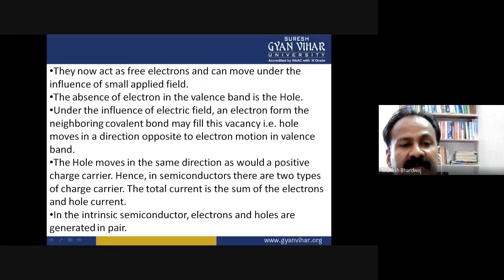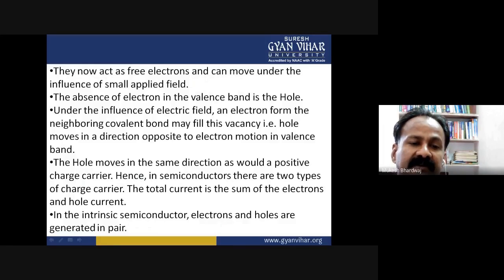Under the influence of an electric field, the electron from the neighboring covalent bond may fill this vacancy, that is, the hole moves in a direction opposite to electron motion in the valence band. The hole moves in the same direction as a positive charge carrier would. Hence, in semiconductors, there are two types of charge carriers. The total current is the sum of the electron and hole currents.